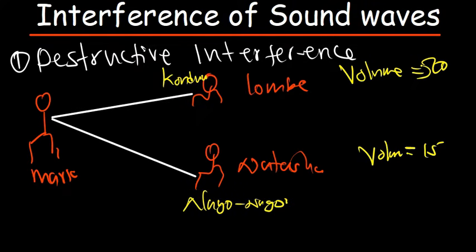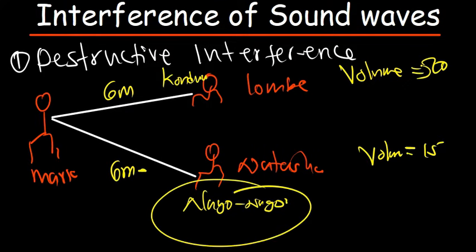Now, the distance is the same. The distance from Lombe to where Mark is and the distance from Natasha to where Mark is are the same. Let's say the distance here is 6 meters, and here is 6 meters. Now, since the volume for Lombe is a bit greater than the volume for Natasha, the song played by Natasha is going to be destroyed.